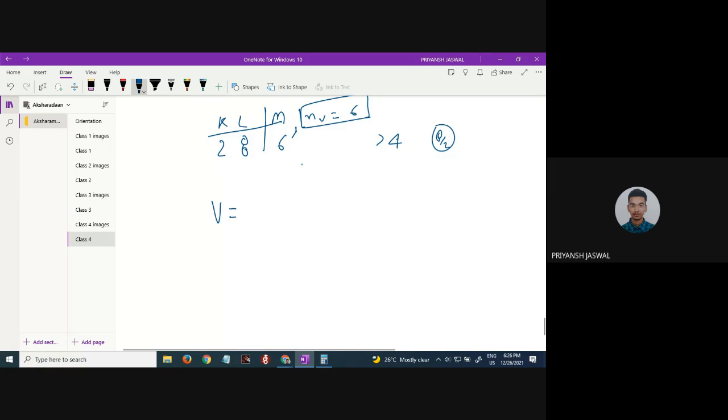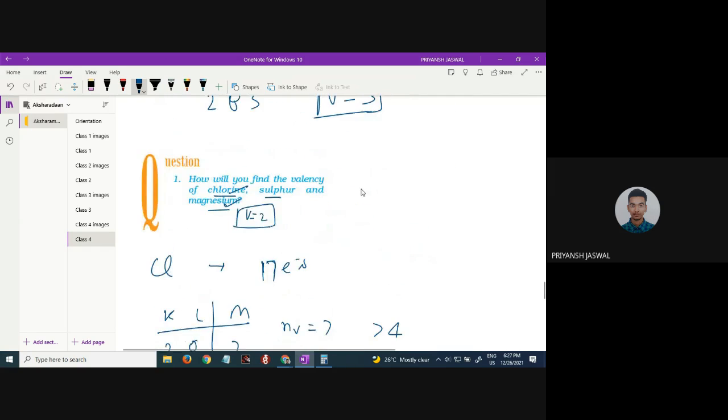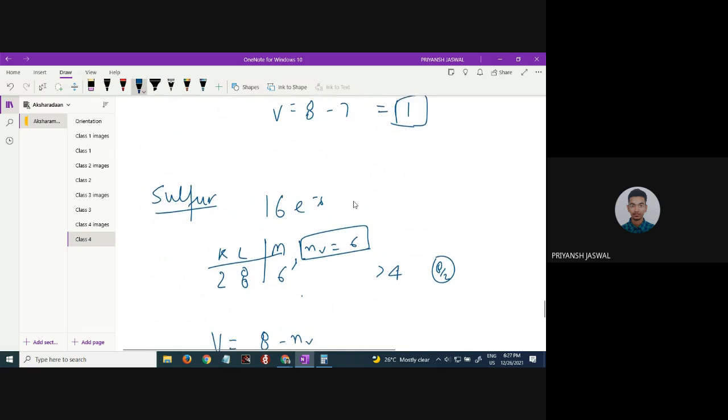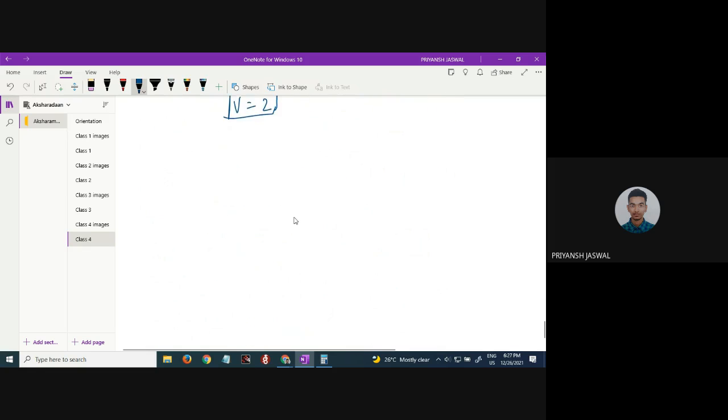So valency will be 8 minus NV, that is 8 minus 6, that is 2. So for sulfur also the valency has been calculated. So this was all about valency.